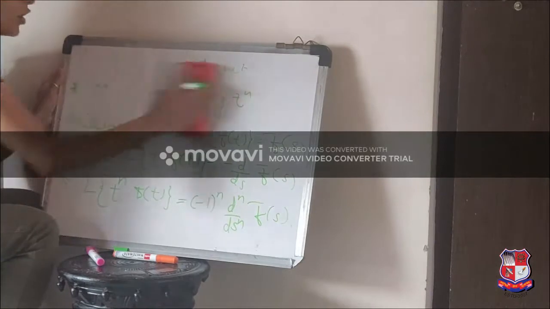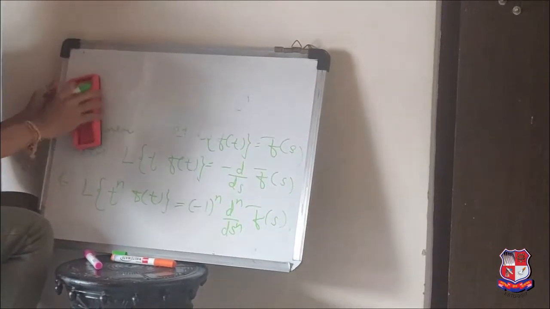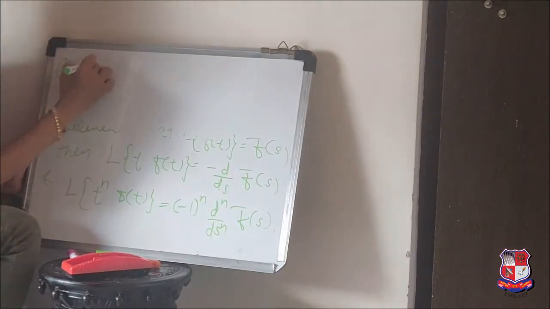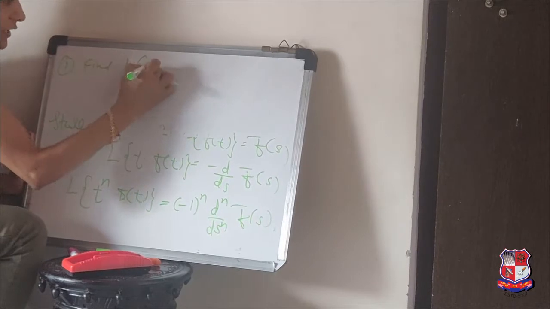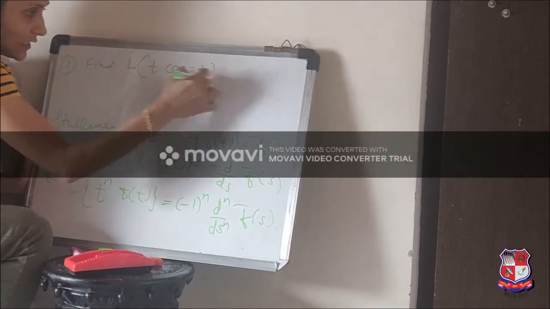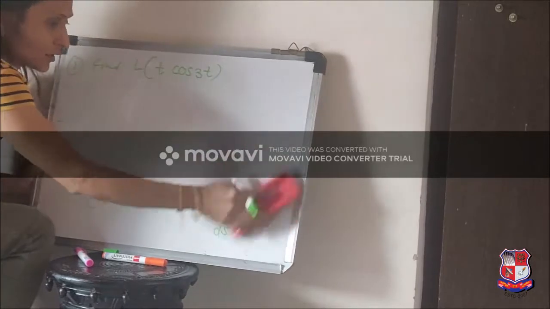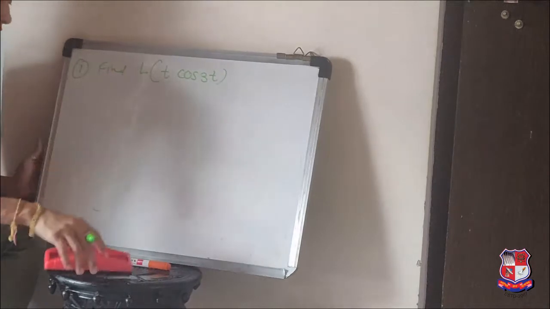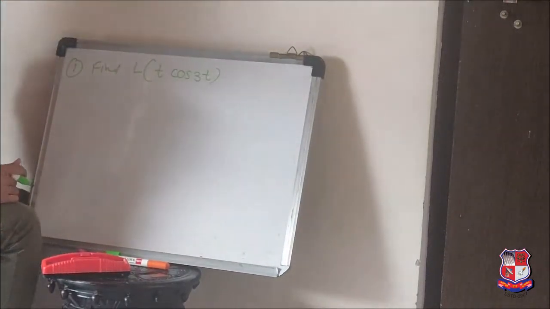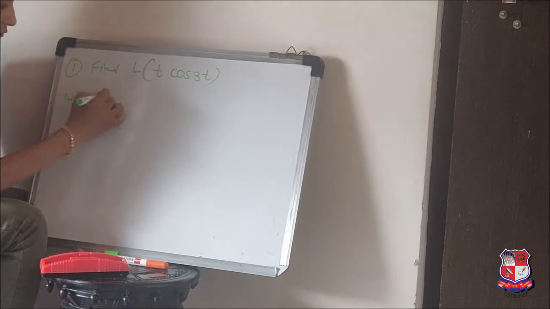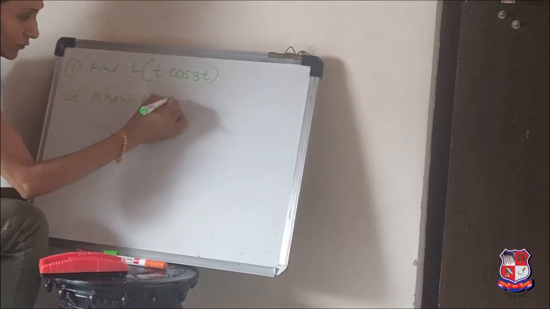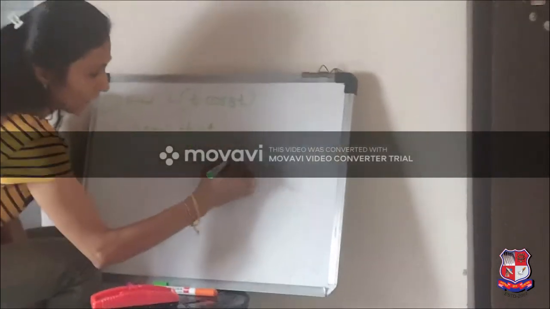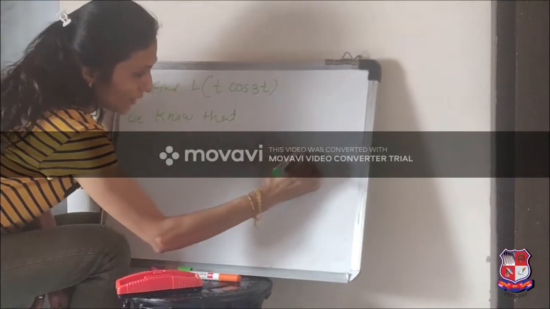Now we solve one example about multiplication by t raised to n. Let's find L of t cos 3t. As we know from the multiplication rule, L of t into f of t is equal to minus d by ds f bar s.